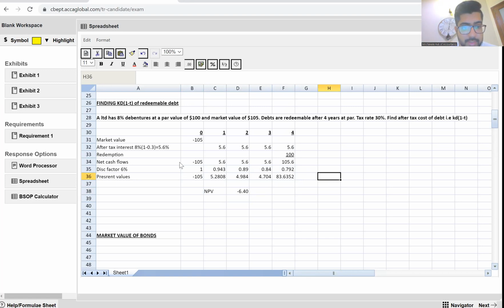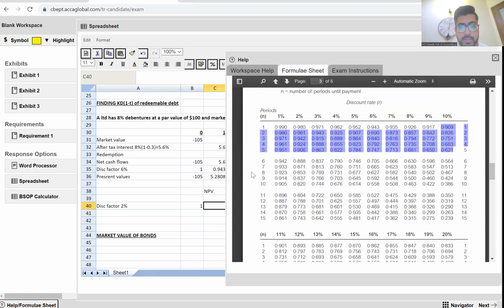Now, once you have got the negative NPV, to make NPV positive, you need to reduce the discount factor. So let's suppose I make the discount factor 2%. Let's copy the factor 2%, 1, and then again I open the formula sheet for 2%. It's 0.980, 0.961, 0.942, 0.924.